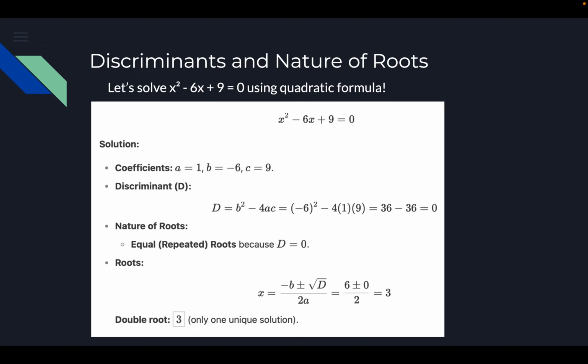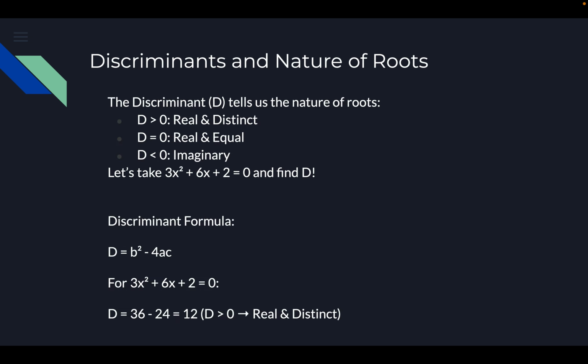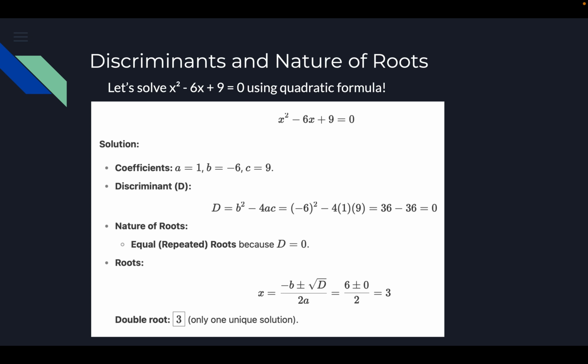So b square is minus 6 whole square and minus 4ac, 4 into 1 into 9. So it is 36 minus 36, which comes to 0. Now as per the nature of roots, we learned that if D equal to 0, the roots are real and equal. So equal means repeated roots.